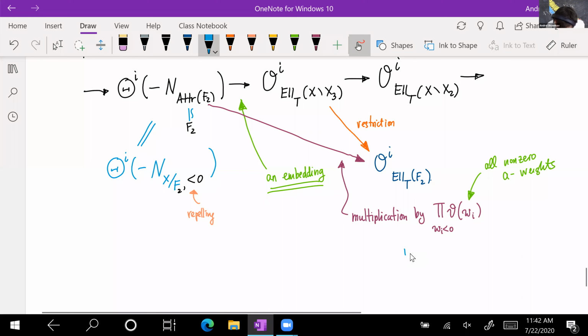It's an idiotic word, but I'll write it. And so this map here is an embedding. This means this whole long exact sequence splits. If this map is an embedding, all the connecting maps are zero. This means this map is zero, and this map is zero.